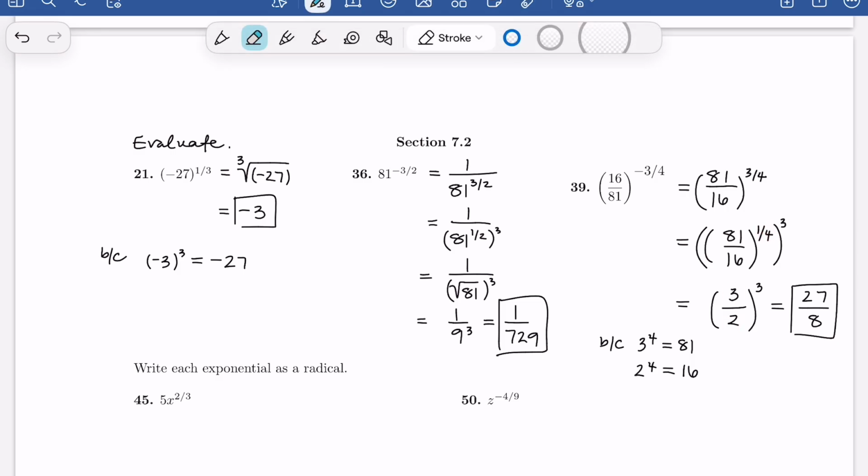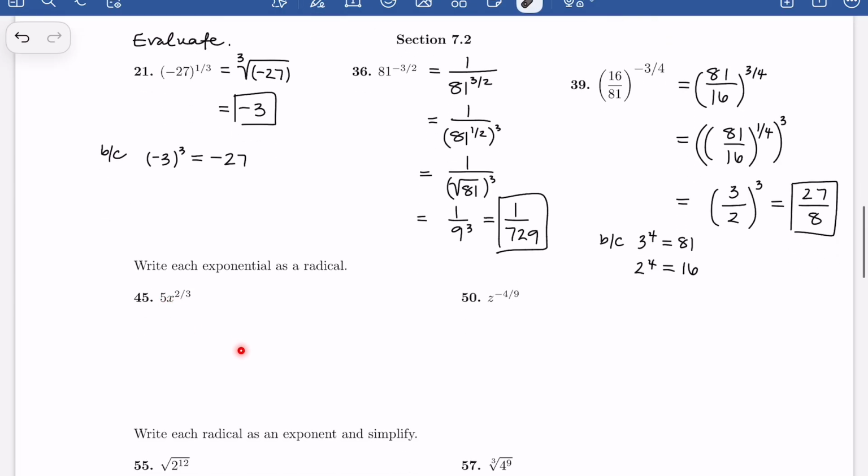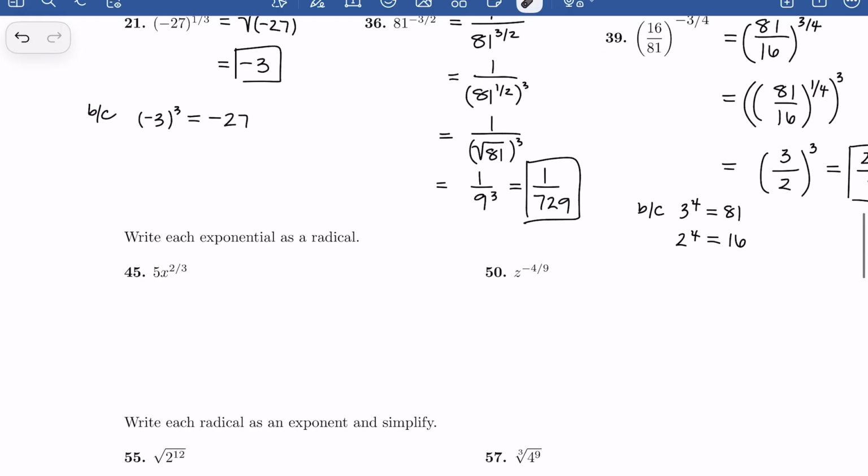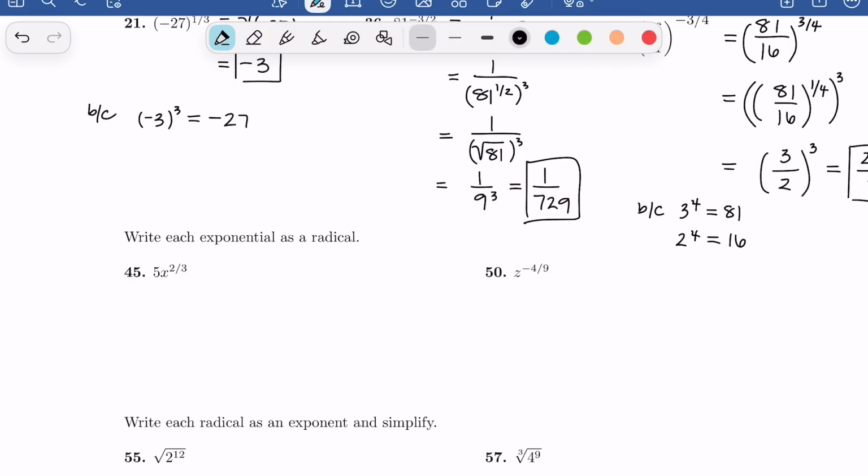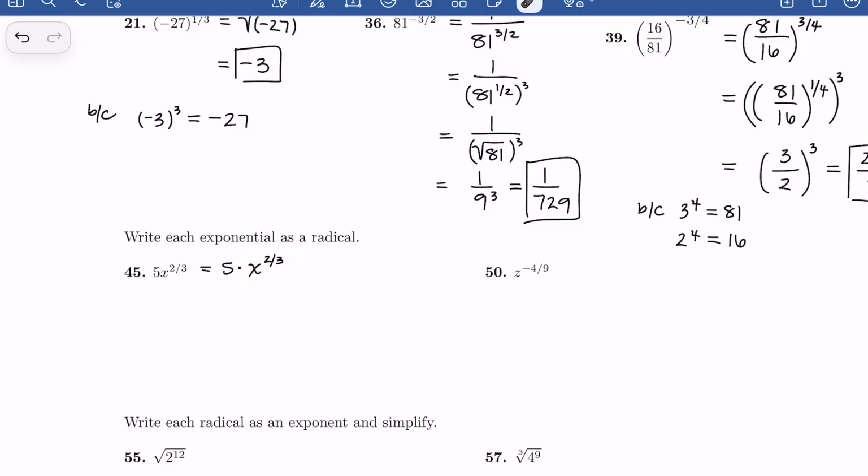All right, now for the next several questions, we're given two exponential expressions, and we want to write each of these exponents as a radical. So rewriting these in radical form. Looking at this first one, notice we have 5 times x raised to the 2/3 power. This exponent is only being applied to the variable x.